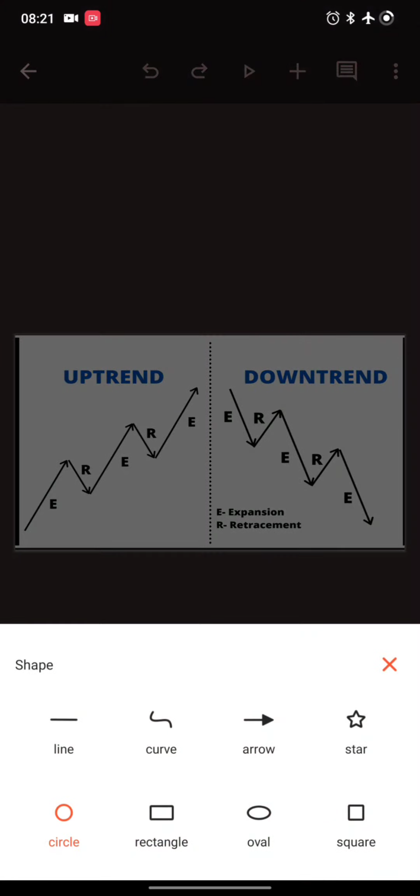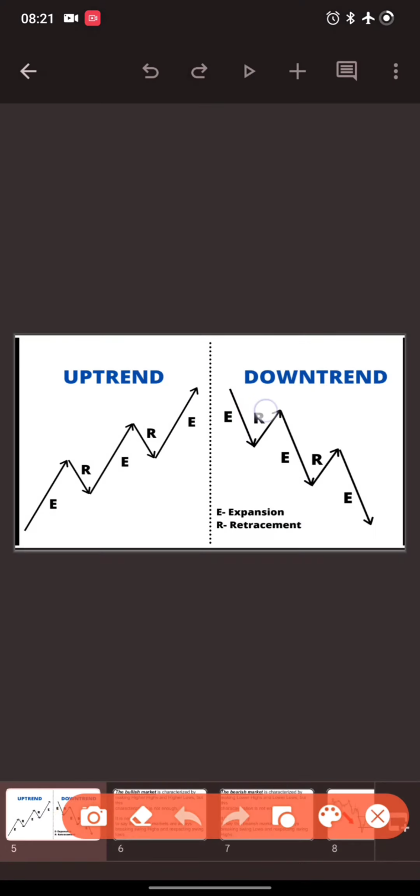And if you look closely, you see this is a high, this is another high. But unlike the uptrend, that is unlike the bullish market part, where the second high was higher than the first high, and because of that we call the second high a higher high, in this one the first high is the one higher than the second, not the second being higher than the first.